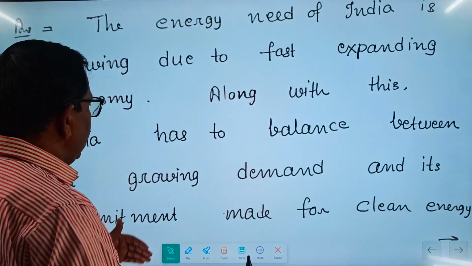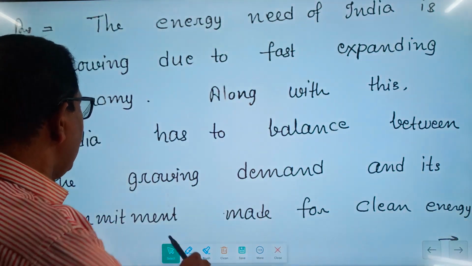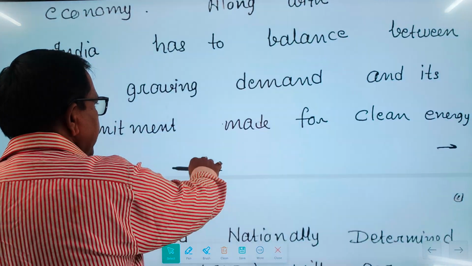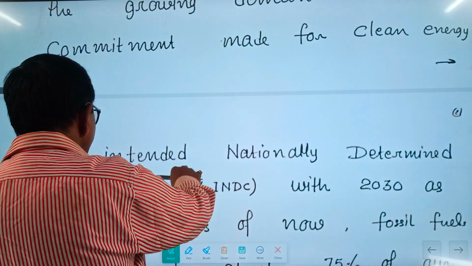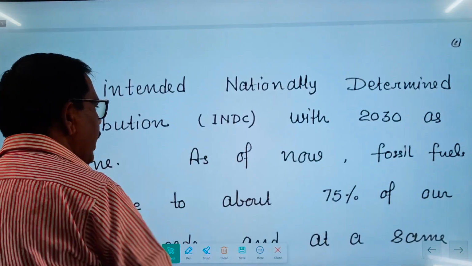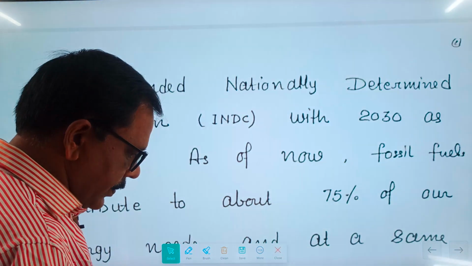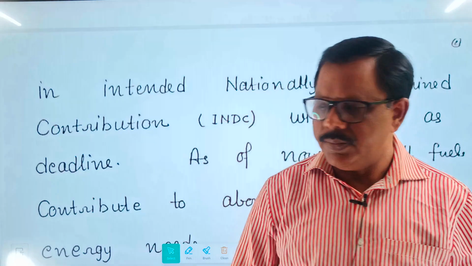Along with this, India has to balance between the growing demand and its commitment made for clean energy, the Intended Nationally Determined Contribution, that is INDC, with 2030 as a deadline. So you start your script this way.